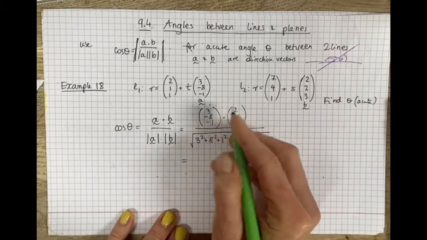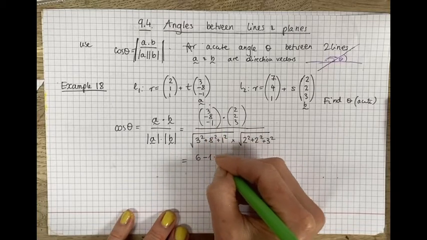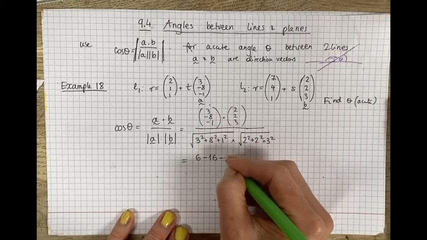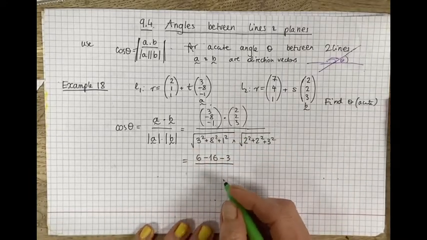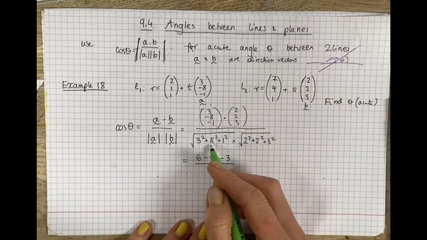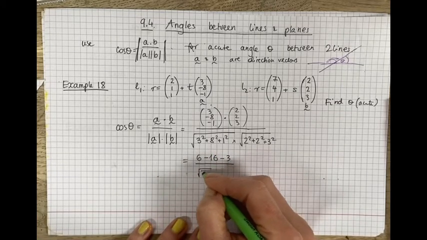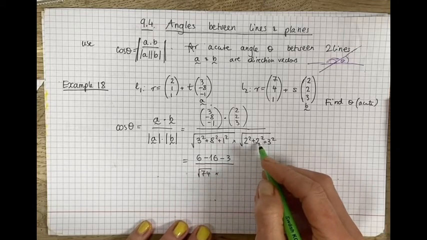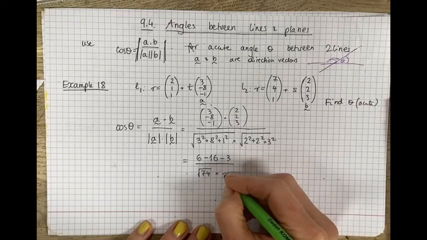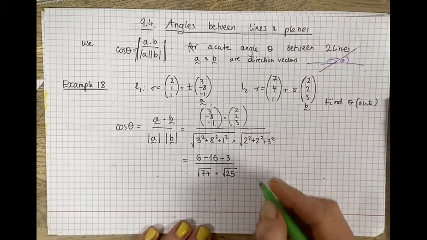So 3 times 2 is 6, minus 8 times 2 is 16, minus 1 times 3 is minus 3. But be careful, it's better maybe to write it as products first. And this one here is going to be 9 plus 64 plus 1, so root 74. And this is going to be 4 add 4 add 9, which is root 25, that's correct.